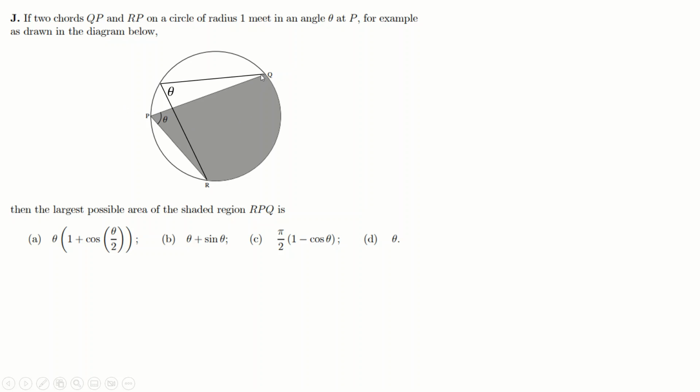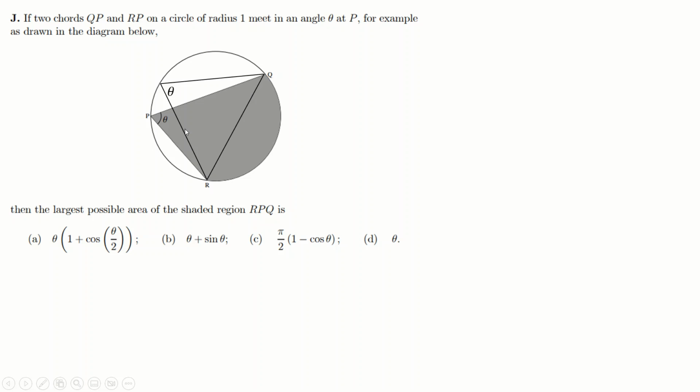And I'm going to argue that the place to put it such that you get the biggest area in here is bang in the middle of Q and R. And the way that I'm going to argue that is by splitting the area into 2 bits. This sector obviously doesn't change when you move this point around this arc, because it's just staying motionless there. It's only the area of the triangle that changes.